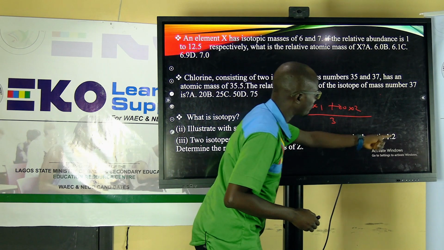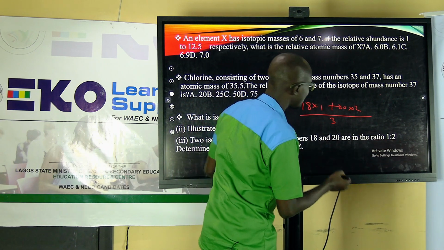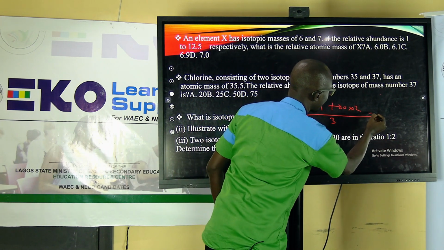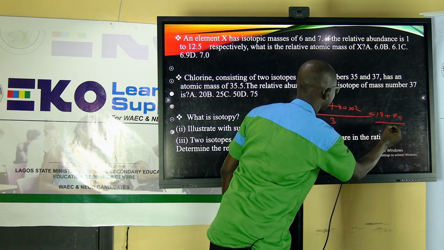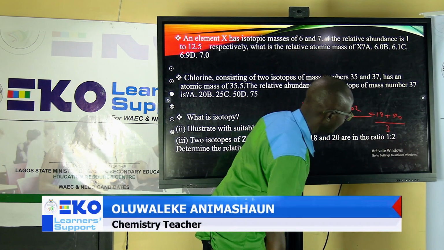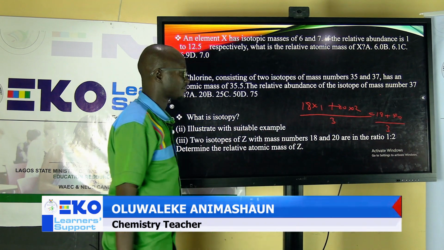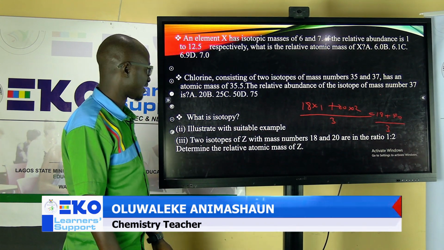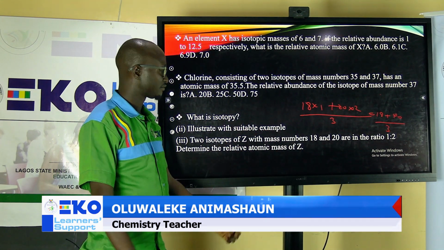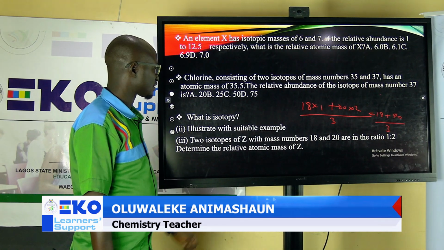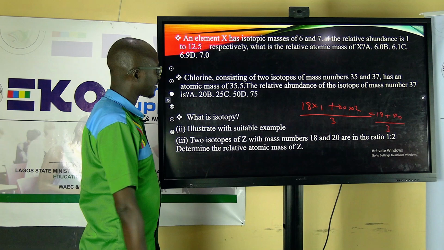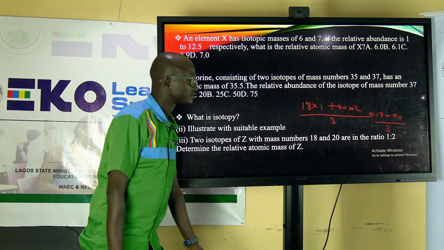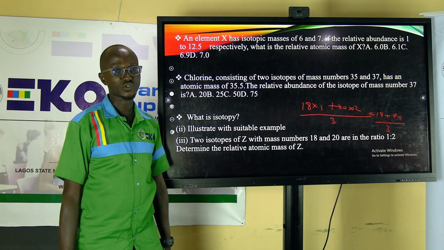Very good. 1 plus 2 is 3. So we do that: 18 plus 40 over 3. So let us finish that ourselves. Whatever we get is the answer. It should be 19 point something. So that ends the topic on calculations on isotopy.